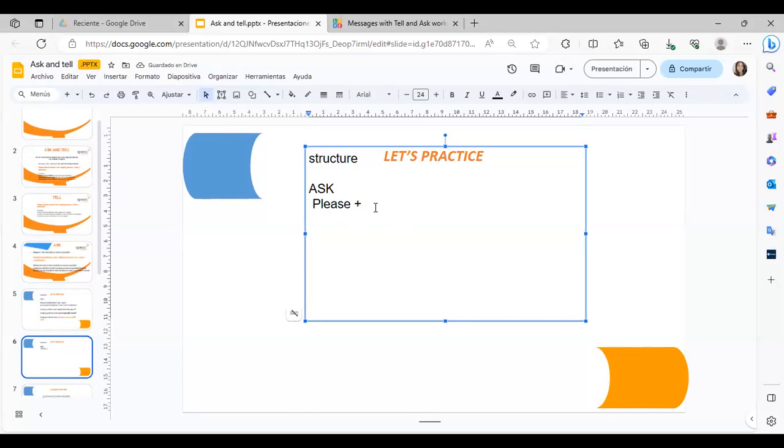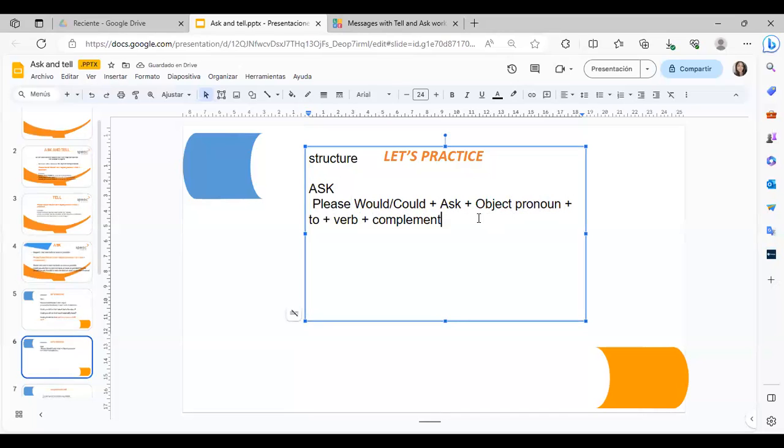Please, would or could. What else? Plus ask. Plus object pronouns. Plus to. Plus verb. Plus complement. Very good. So there we have it, right?